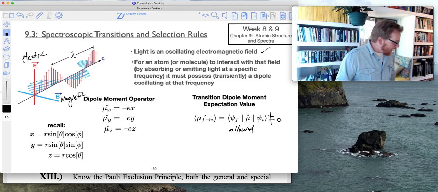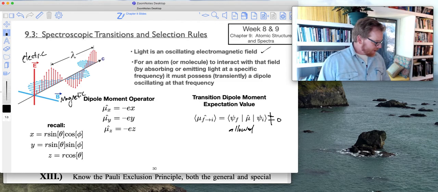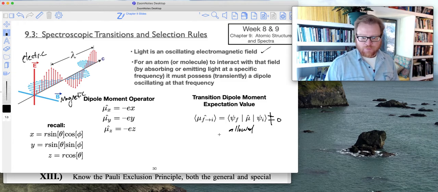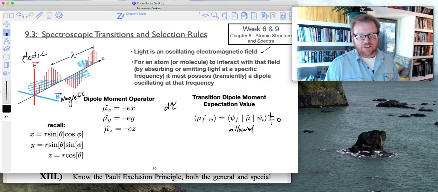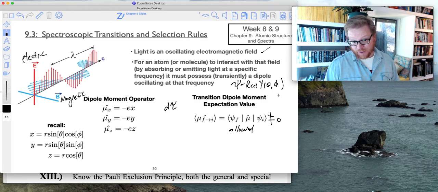And so now I'll just remind you a couple bookkeeping things to consider for our math. So now what we're dealing with here in this particular operator, we're dealing with the full d tau. So in this wave function right here, my psi, I'll remind you, this is equal to the radial component times the angular component.